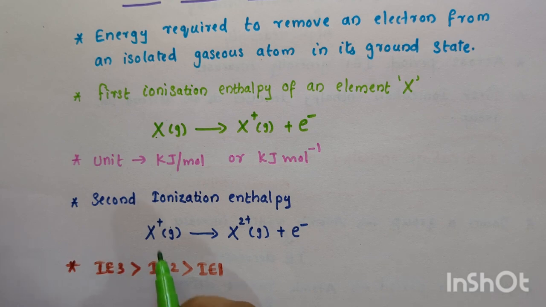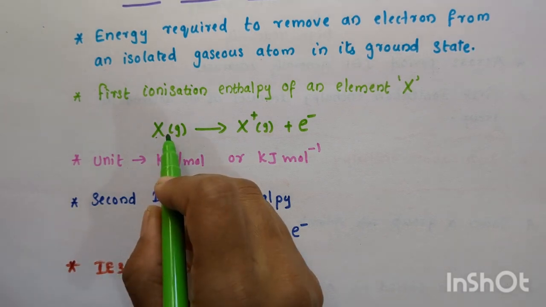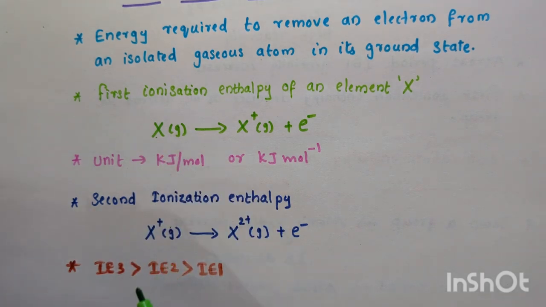In the X plus ion there are more positive charges relative to electrons, so it is more difficult to remove an electron from a positively charged ion than from a neutral atom. In the same way, the third ionization enthalpy will be higher than the second.